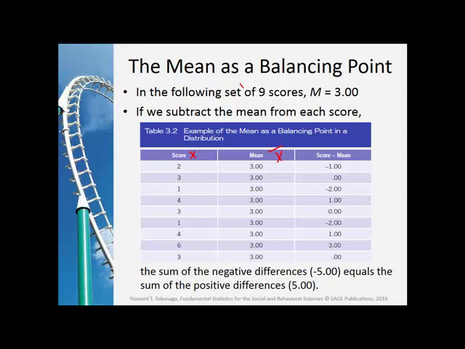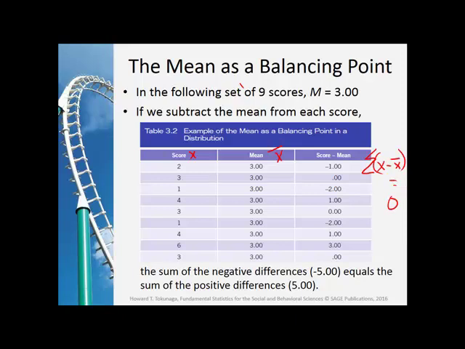And if you take the difference between x and x bar, so the difference between your value of x and the mean, when you add and sum all of those together, it equals 0.